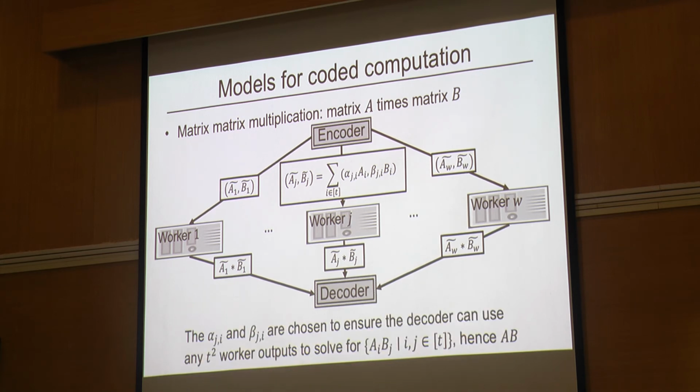So now the goal would be to design these coefficients, alphas and betas, such that out of some W number of workers I have, as long as T squared come back, we can decode each one of them. Right? So similar to as in storage, there will be some redundancy. So the thing is, we won't know which one will straggle, which one will fail, but as long as any T squared come back, the decoder should be able to decode.